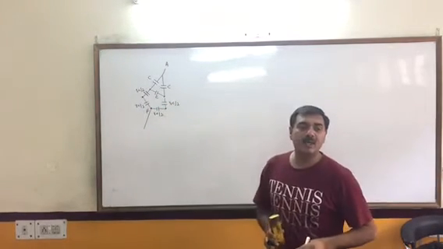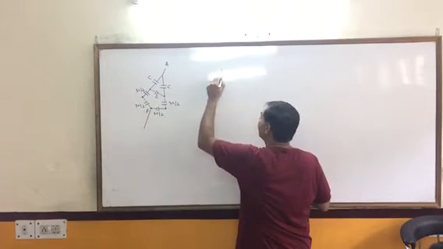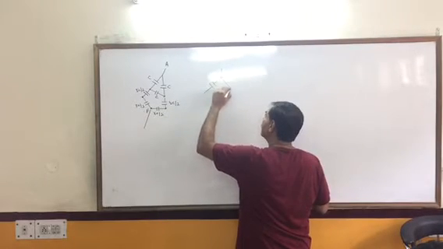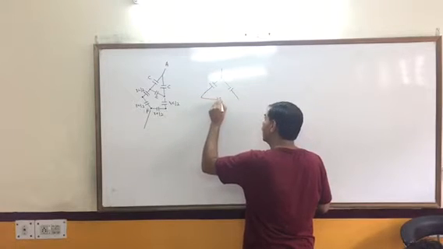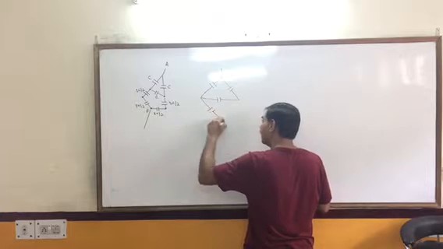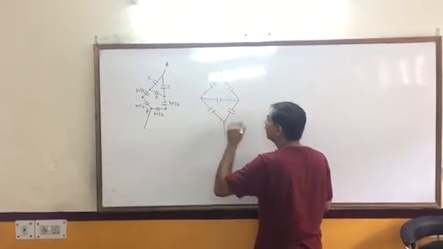The two 3C/2s are in series, giving me 3C/4. We have this as C, this as C, this as C, this as 3C/4 and this also as 3C/4.